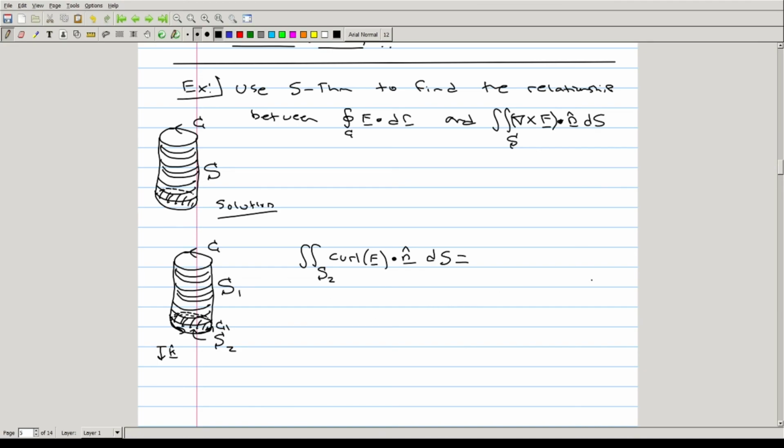This is going to be equal, directly from our general Stokes theorem, to the closed integral around C1 of the vector field F dotted with dr, so the circulation around C1.